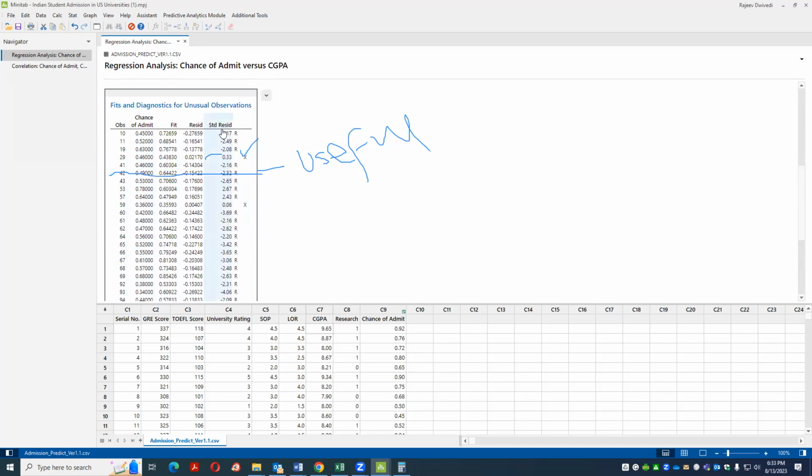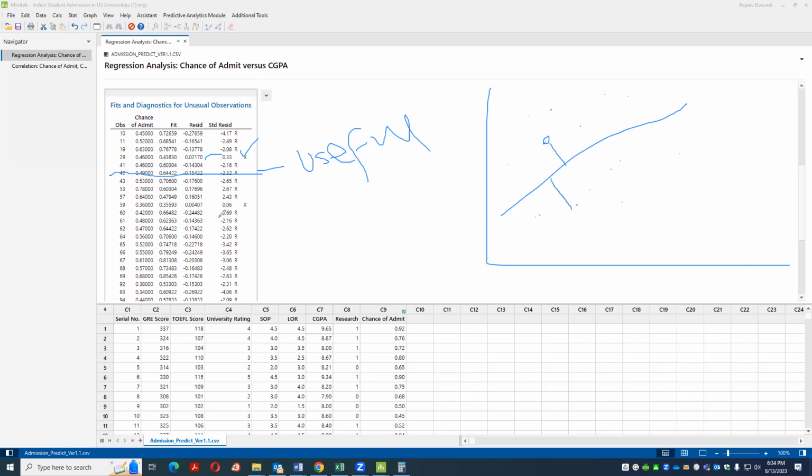So what are those residuals? I can just show you. Let's say this is your regression line and the real observations are like these. One difference from the real line is positive. The difference from this real line is negative.